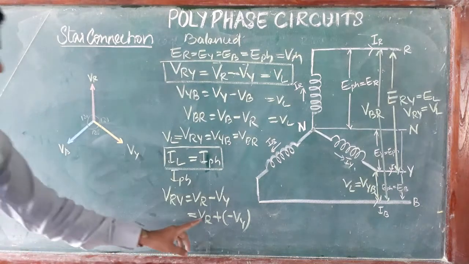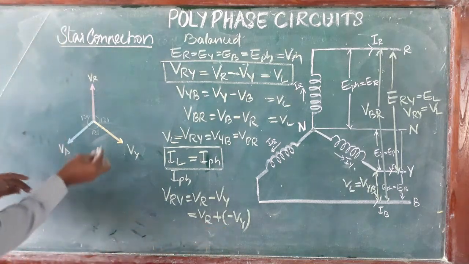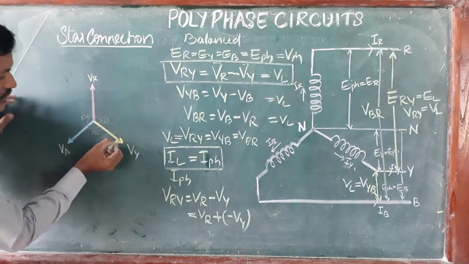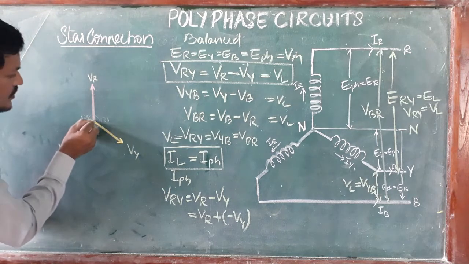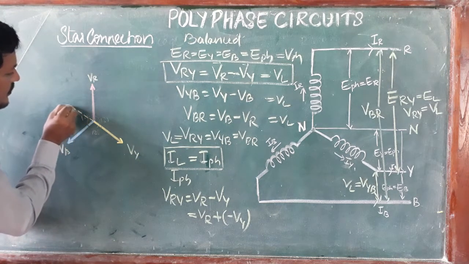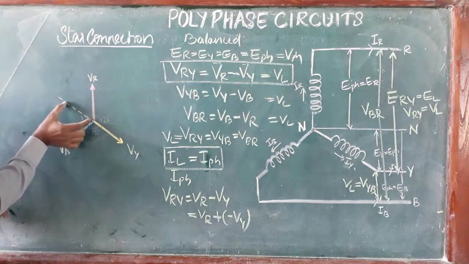Clear? So minus VY means drawing it on the opposite side, and we will get minus VY. I am drawing it here. So this one becomes minus VY, but I have to draw the same magnitude.